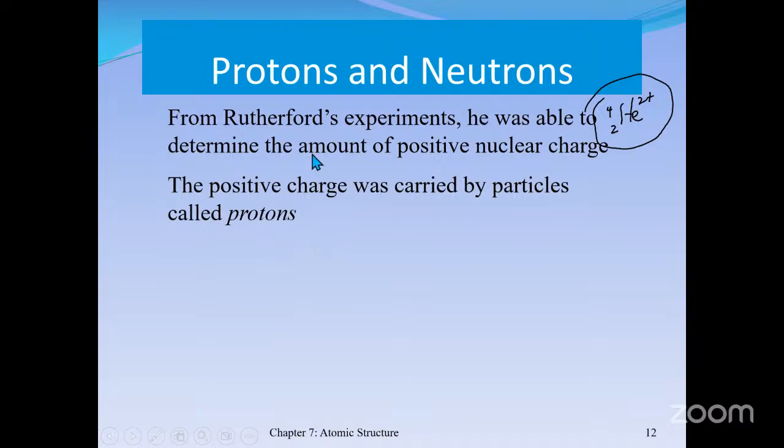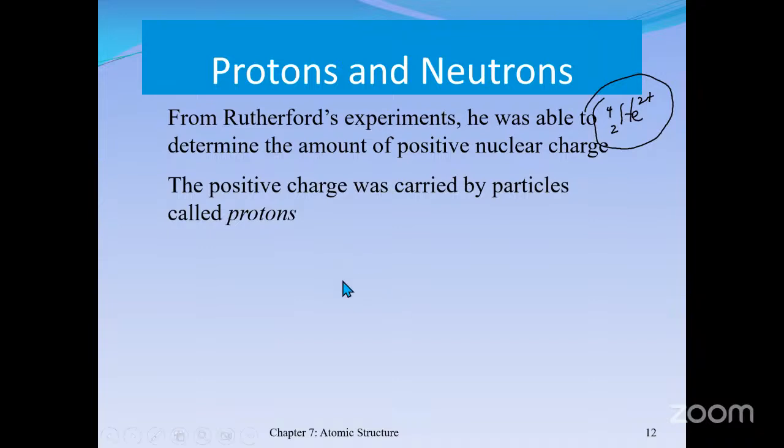Based on Rutherford's experiments, we also know of the protons, but there was an issue back then because what was found out was that for the atoms, the total mass of the atoms could not be accounted for by simply looking at the masses of the protons and the electrons. So therefore, there is a missing particle, so to speak, that was not yet discovered, which contributed to the total mass of the atom.